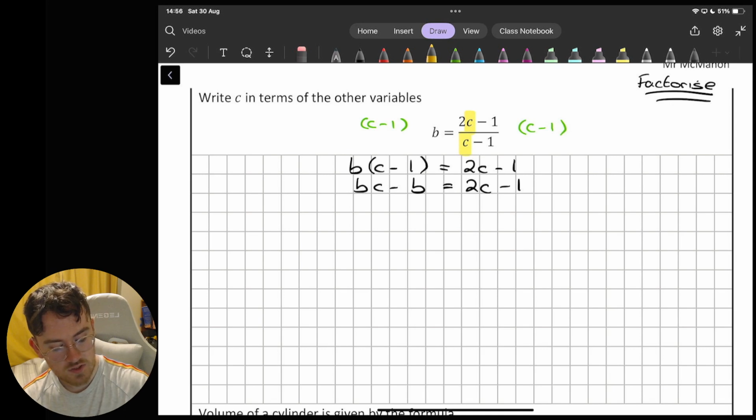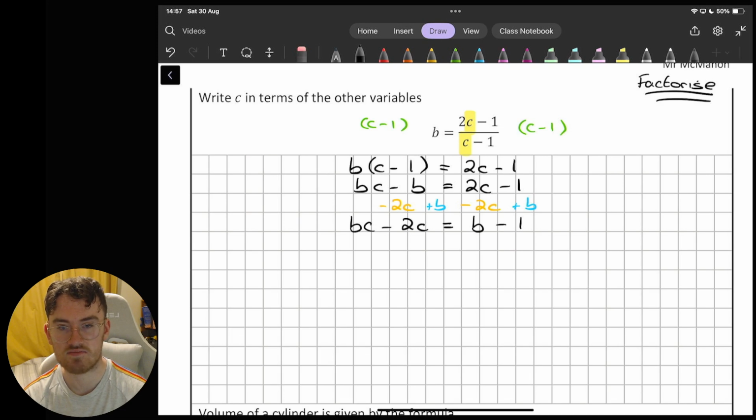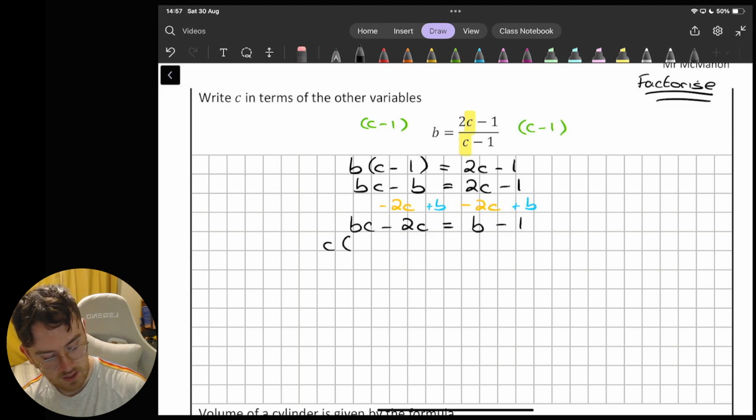I still have my c's in 2 places, so I would prefer if my c's were both on the same side. In a similar way, we might choose to have the b on the other side then. So let's try and keep it that it's just c's on one side. Let's factorize highest common factor.